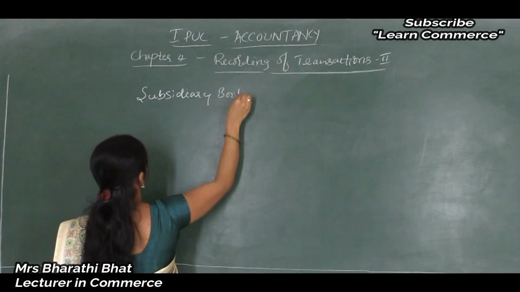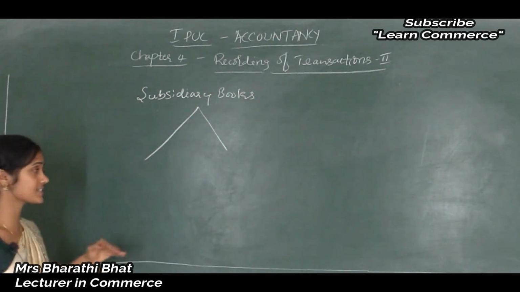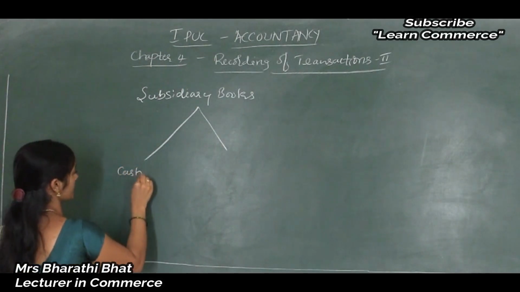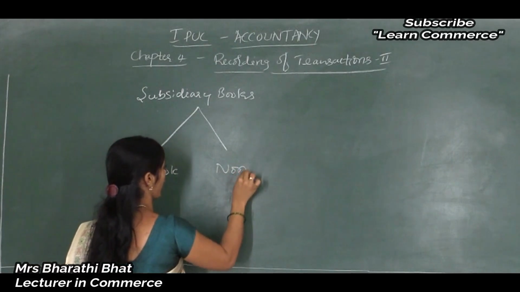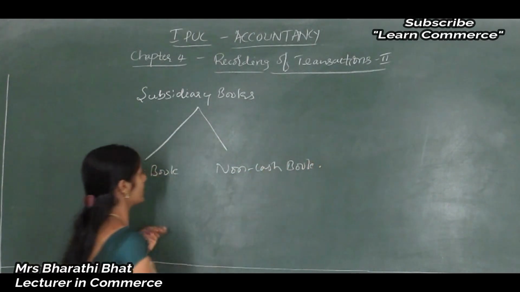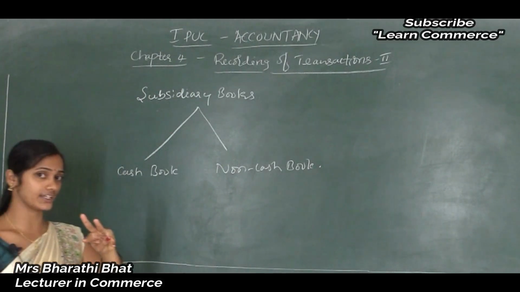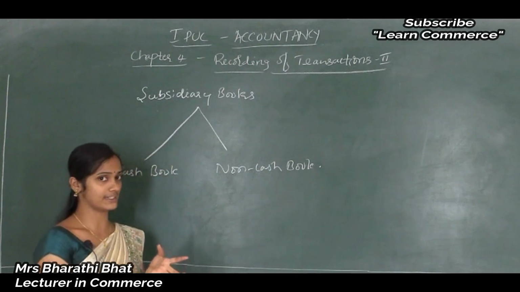Subsidiary books, we can easily classify into two types, for easy understanding: cash book and non-cash book. In the cash book we learnt three main types, that is simple, double and petty cash book.